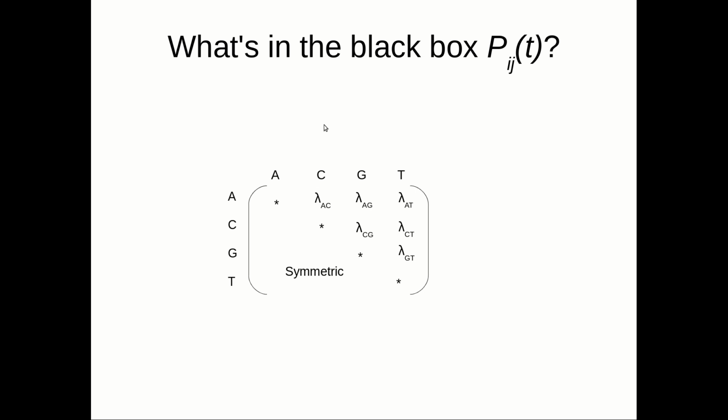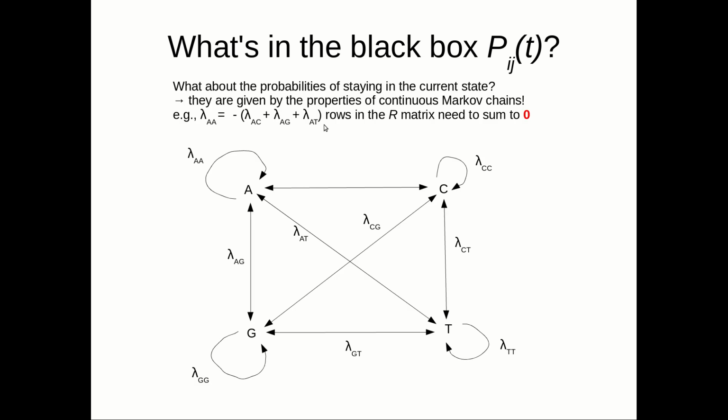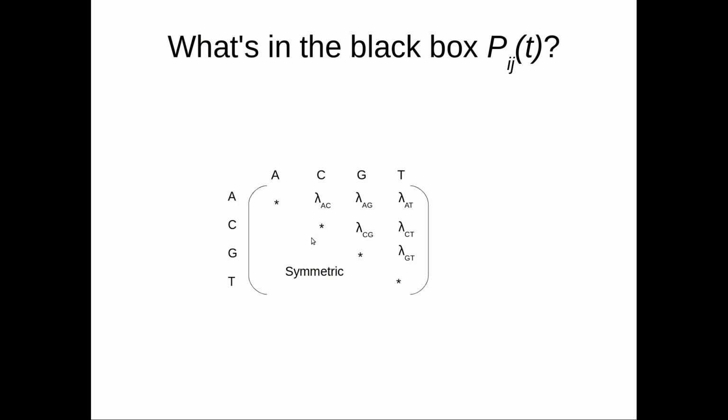Okay, another way we've also seen before of representing this Markov diagram for instantaneous time dt is to represent it as an instantaneous rate matrix. Typically the diagonal is denoted by stars because it is given by the off-diagonal elements.